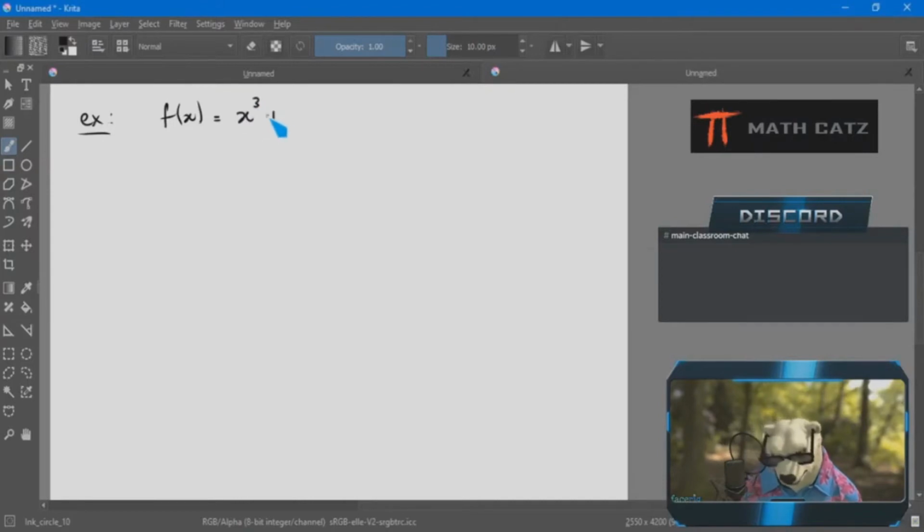x cubed plus 3x squared minus 9x plus 4. All right. I don't know what that looks like. I have an idea of something based on x cubed. It has a couple of turning points maybe. It's not too wild, but I don't know exactly. Okay.